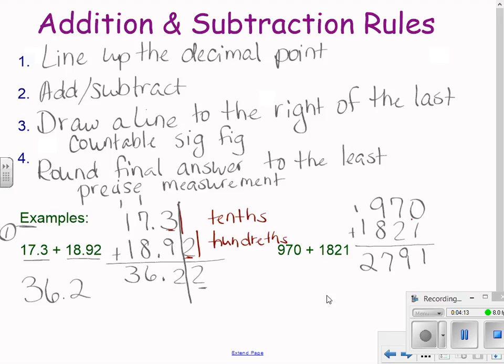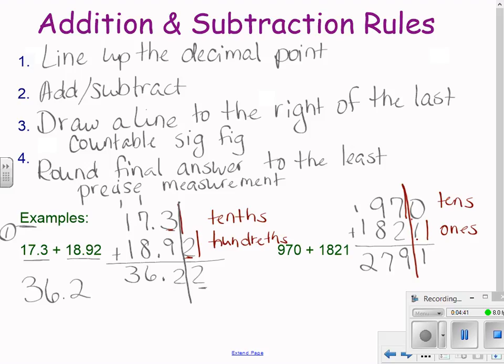Well, I have a trailing 0 in my first number, which means the 7 is where I'm going to end. That's the tens place. In my second number, the last countable sig fig is the 1, the ones place, which is more precise. The tens are less precise, so my final answer can go no further than the tens place for sig figs.